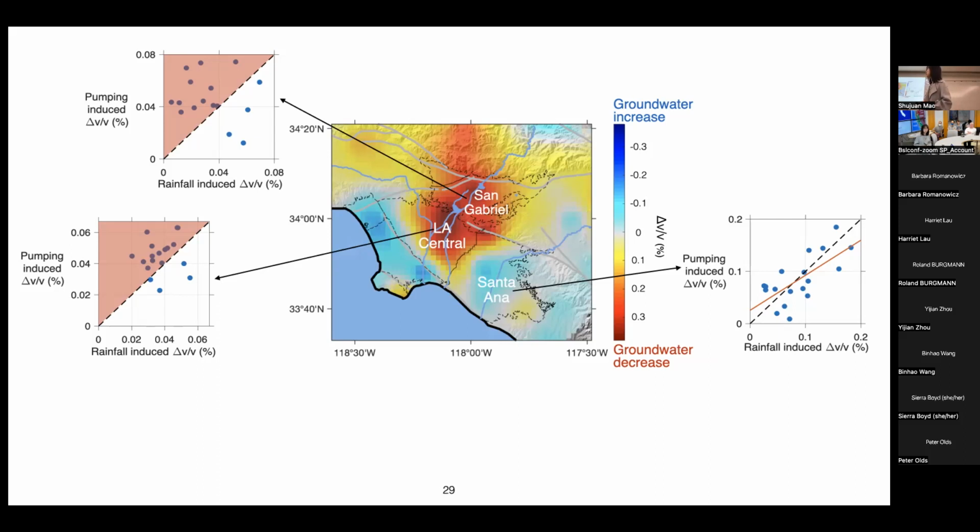The depth you show is, I think, the peak sensitivity depth for surface waves, right? Yes. So you have some sensitivity at the surface too. Yes. Well, I didn't have that here. But for the depth sensitivity, yes, we have two peaks. One big peak very close to the surface, and one big peak at depth.